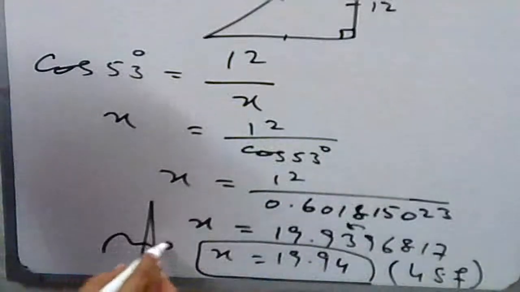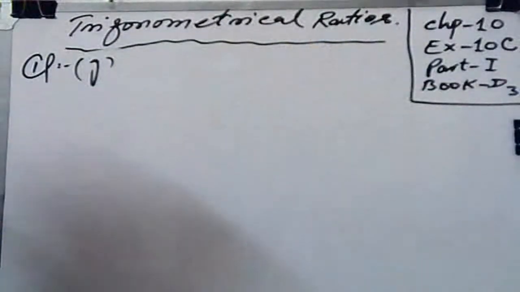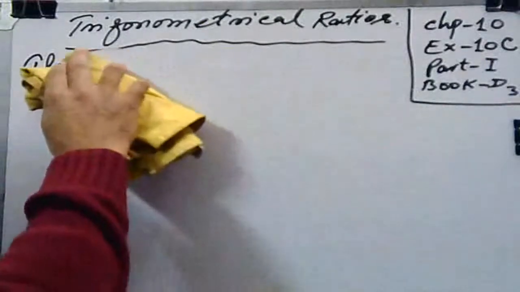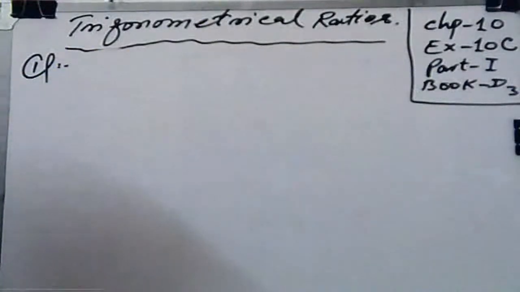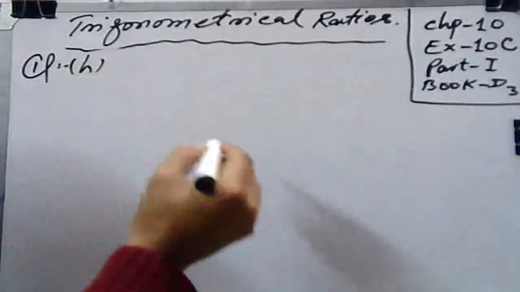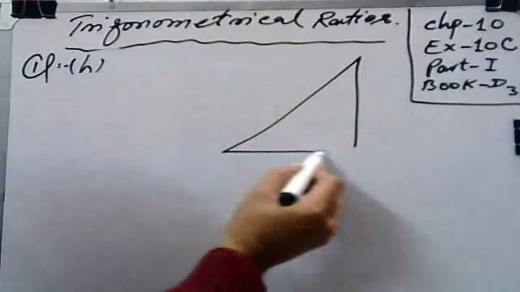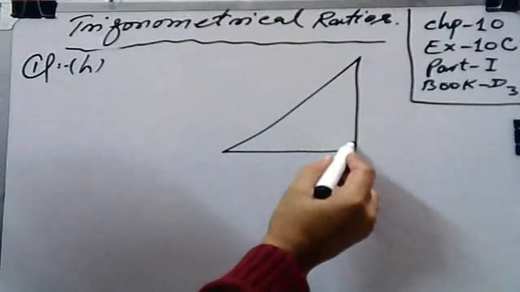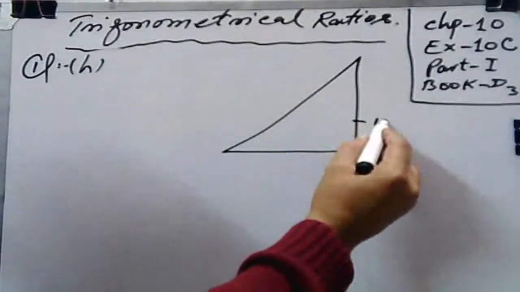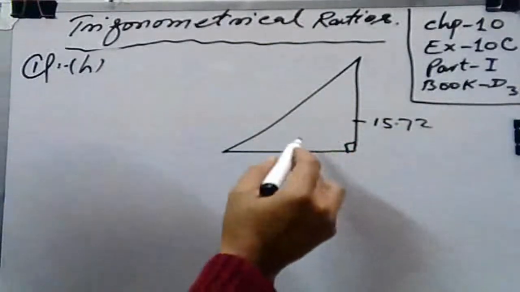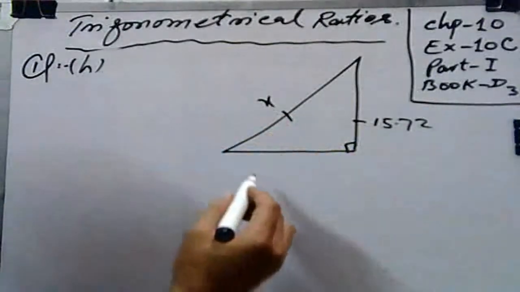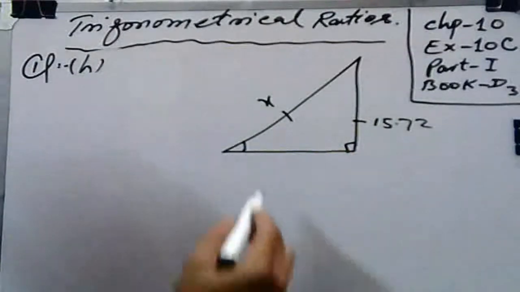Now coming to the last part of this question, that is your H part. In this portion, a diagram is given to you, that is your given triangle having here 90, this side is 15.72, and this one is your x, and this angle is 36 degree.